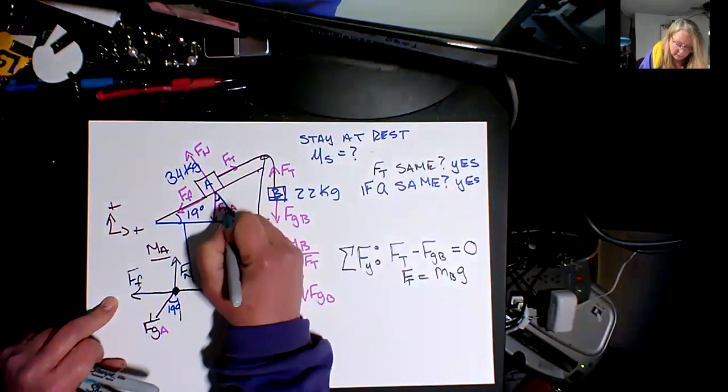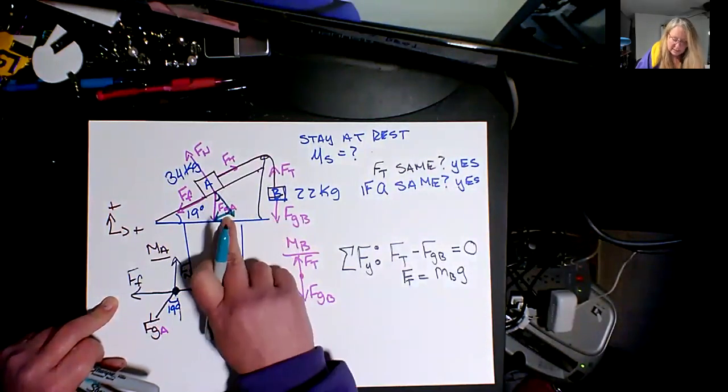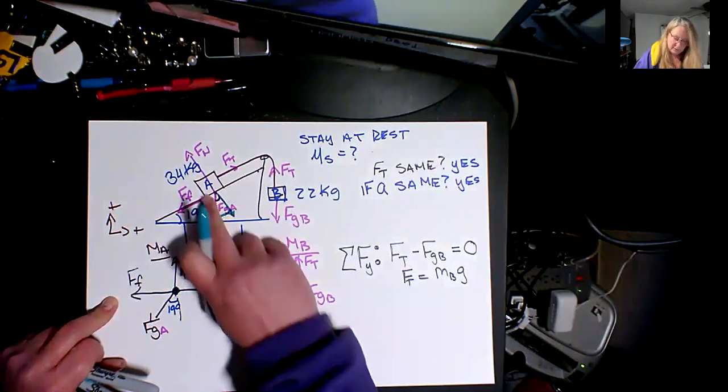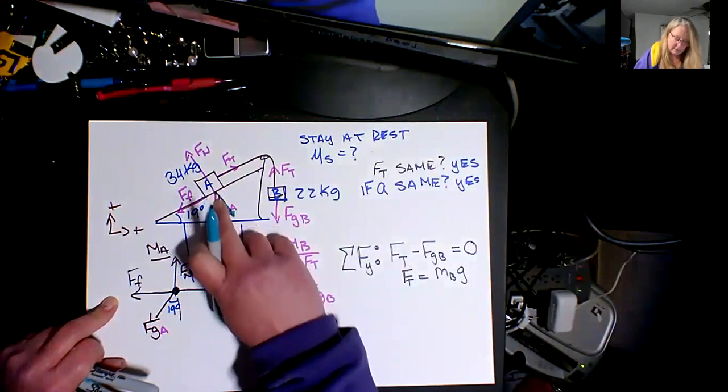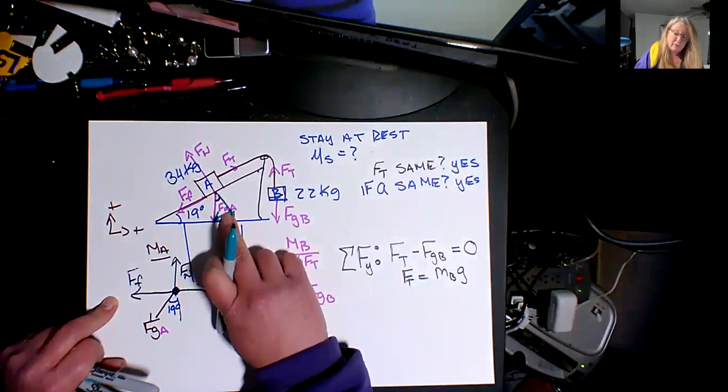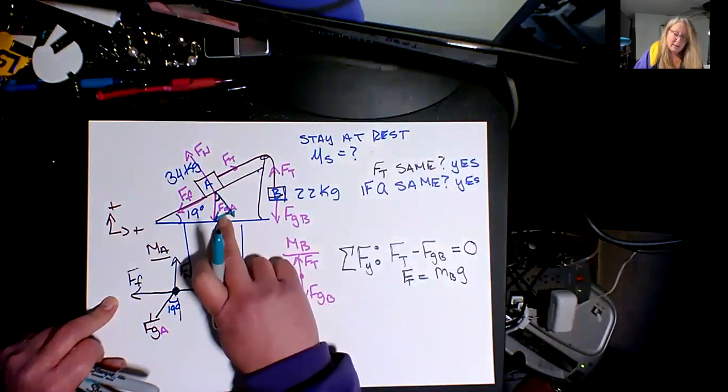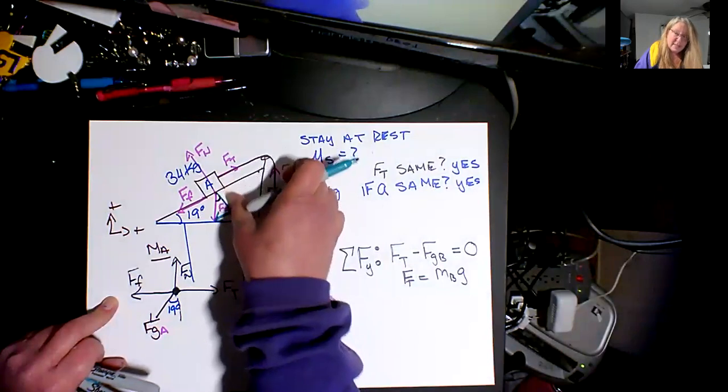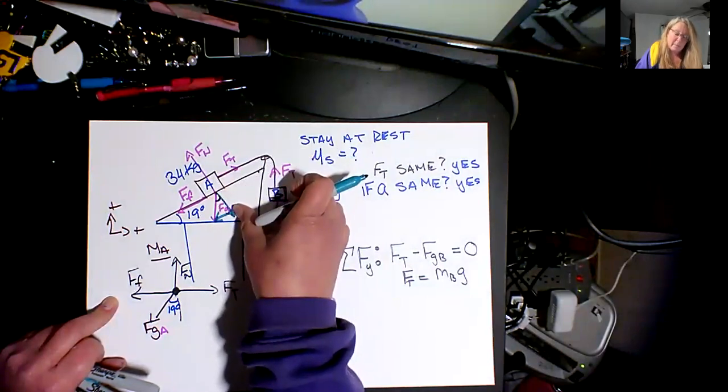My x component of gravity is the thing that would accelerate it going down the hill. So you see my x-axis is parallel to the surface itself. So this is the thing that makes it go. This is the piece that keeps it on the surface.